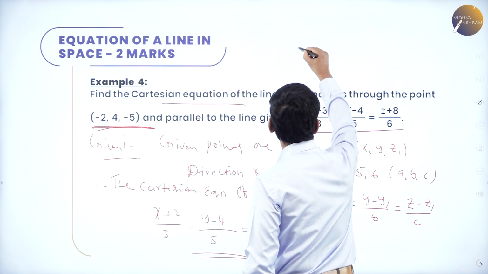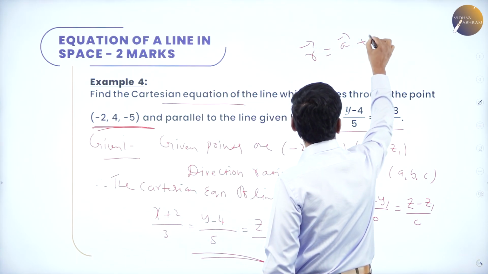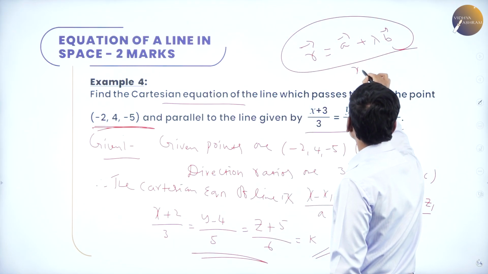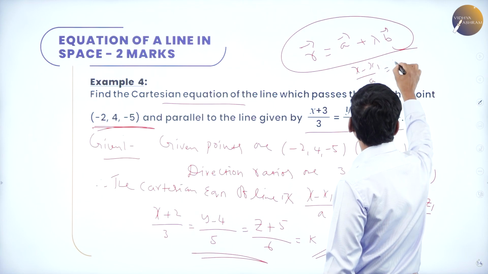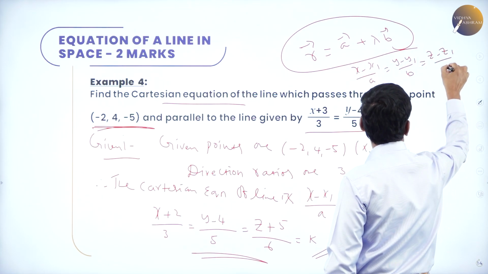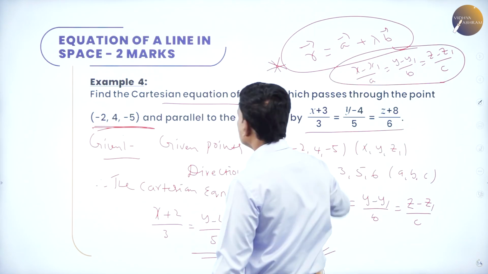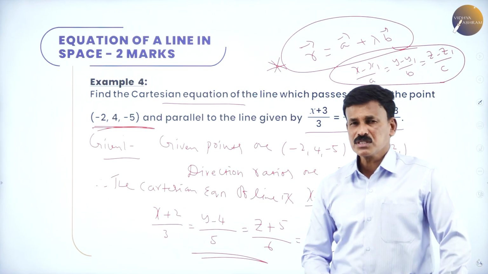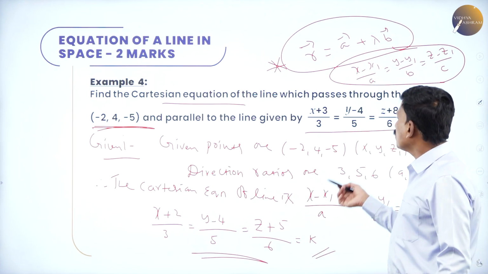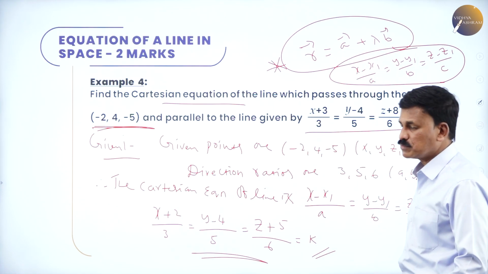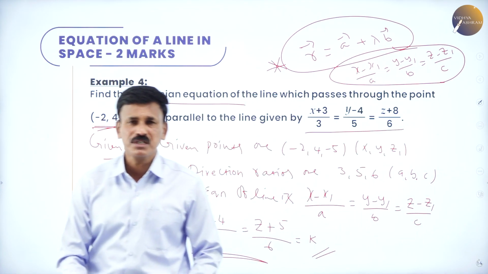This is a very important derivation. You may get the derivation for 5 marks, or definitely you will get one problem for 3 marks, either derivation or problem. Practice this, very important.